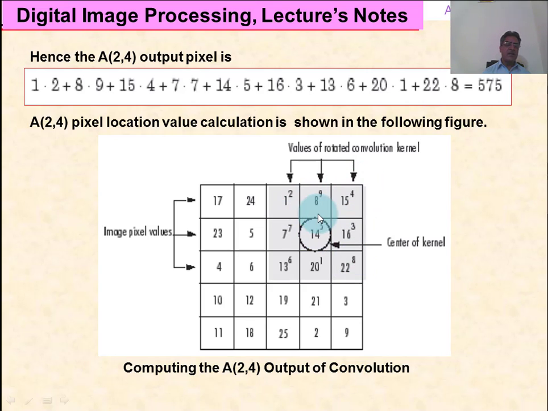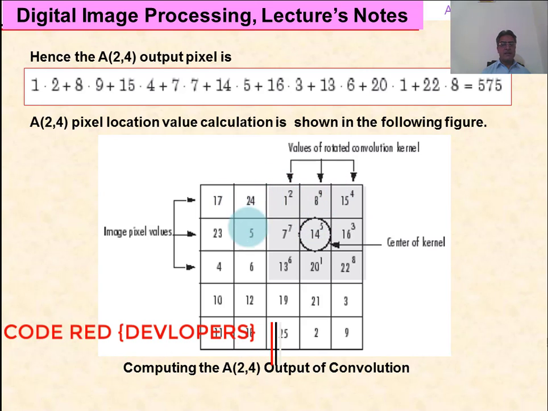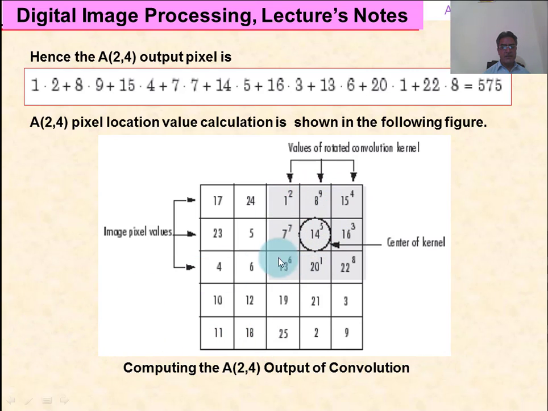These are the values of the kernel, and we have overlapped it on the input image A. The central pixel of the convolution kernel will be at location A of 2, 4, and the remaining pixels will be the neighboring pixels of this central pixel. This is the central value of the kernel, and this is the central value of the input image, that is 14, which we want to enhance or modify.